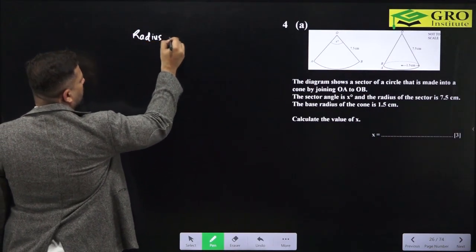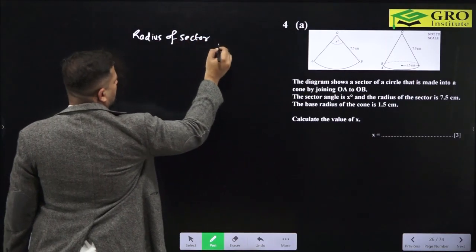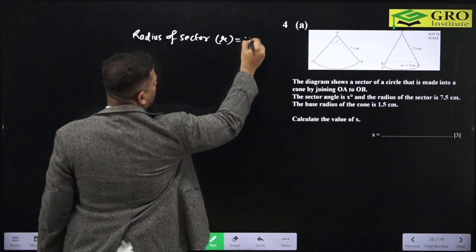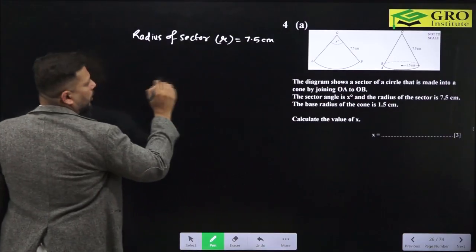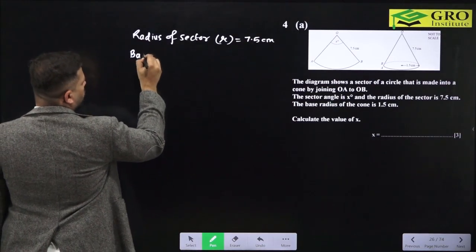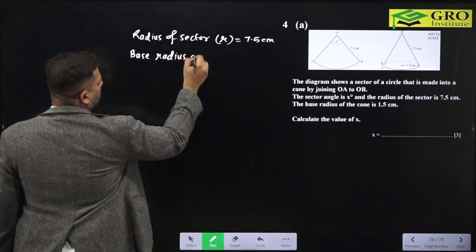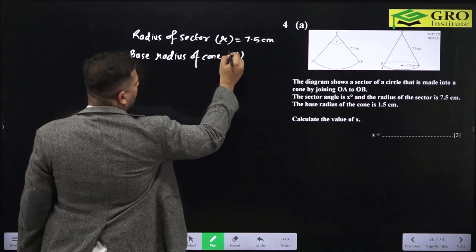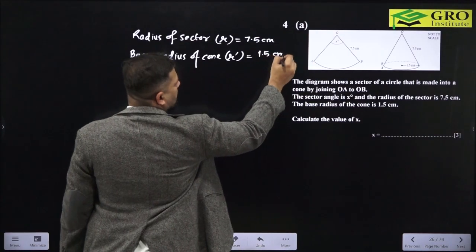Radius of sector, let us take it as a small r, is given to us as 7.5 centimeter, and also we are being given the base radius of cone. So base radius of cone, let us take it as r dash, that is given to us as 1.5 centimeter.